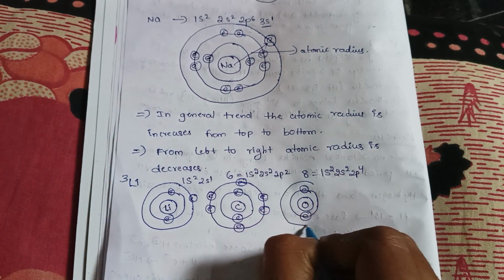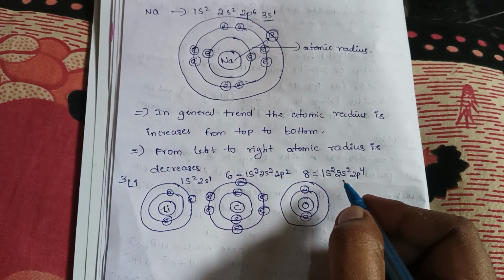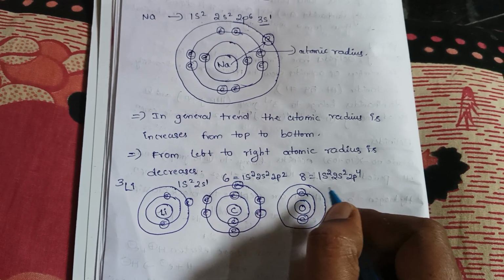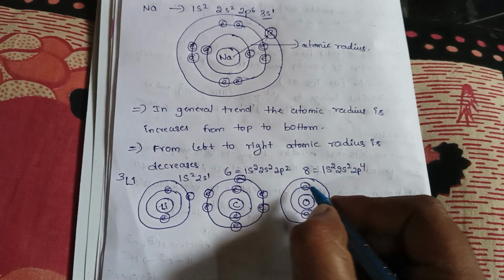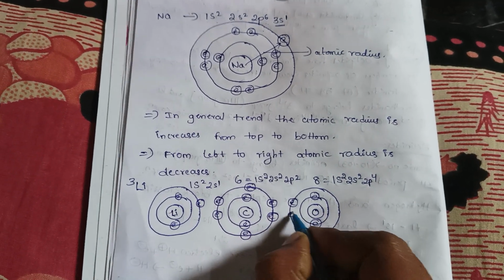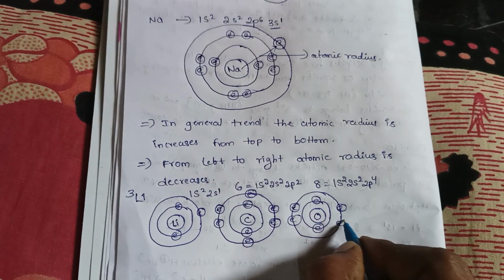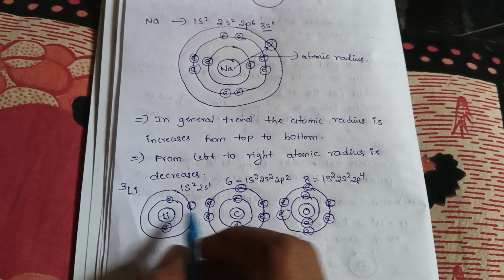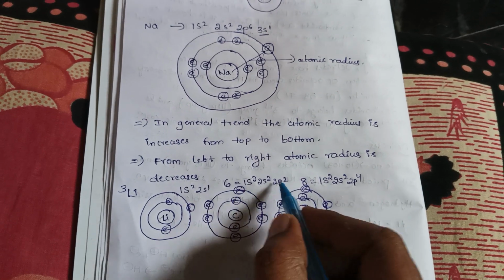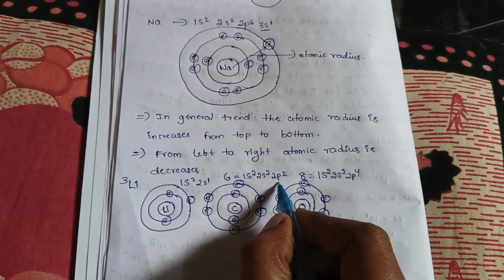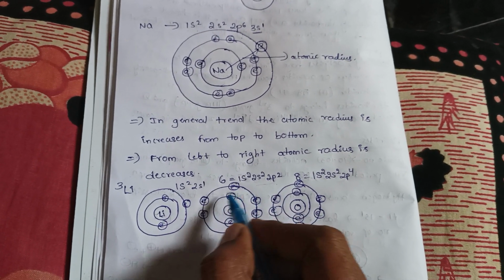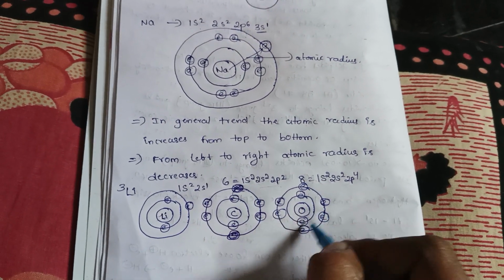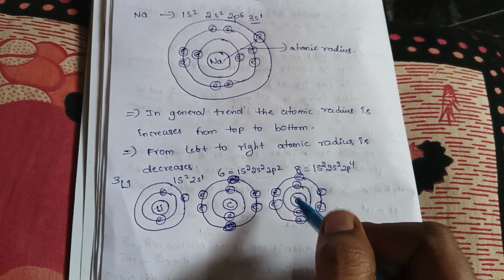Second shell has 6 electrons. Here in carbon, actually the second shell has only 4 electrons, but I wrote 6 electrons, sorry for that. Oxygen has 6 electrons in the outermost shell.